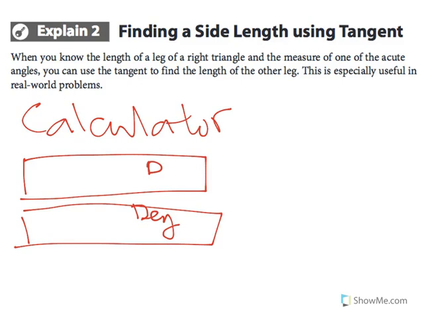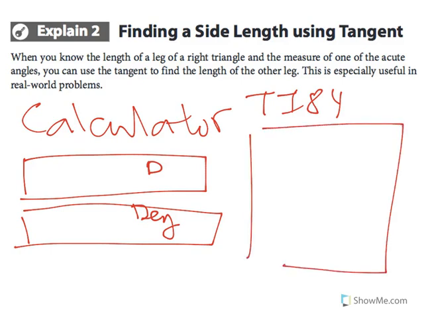Or if you are using a TI-84 calculator, somewhere on top of your screen there should be the word degree. So in order for us to do the next set of examples, we need your calculator to be in degree mode.